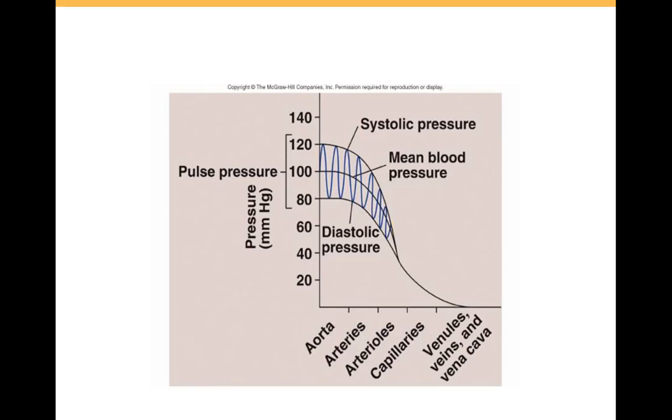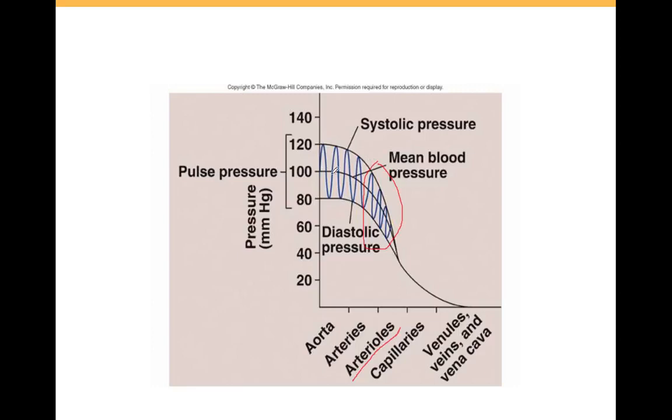Now, on the previous PowerPoint, we actually took a look at this chart. When we looked at the pressure changes, I mentioned that the most significant drop in pressure is associated with arterioles, which is what is represented in this region. You can see it's relatively flat until it reaches the arterioles, where you have this significant dip.